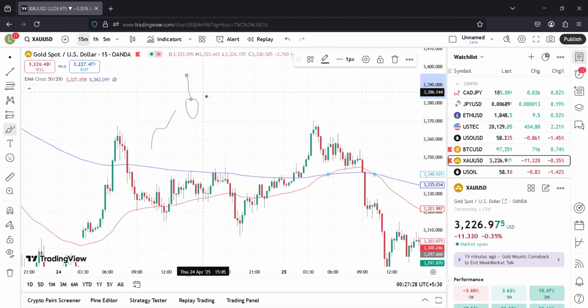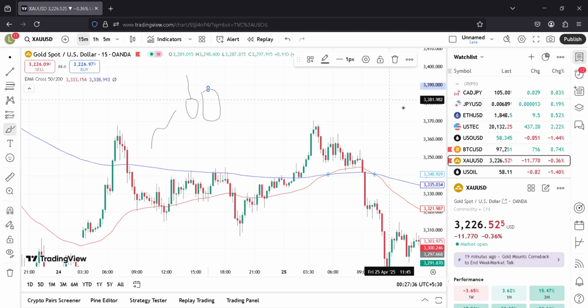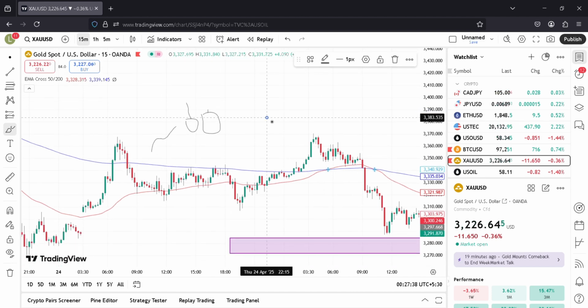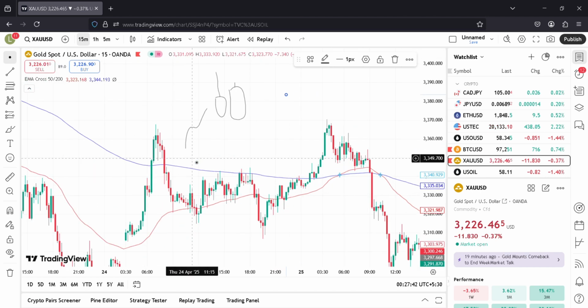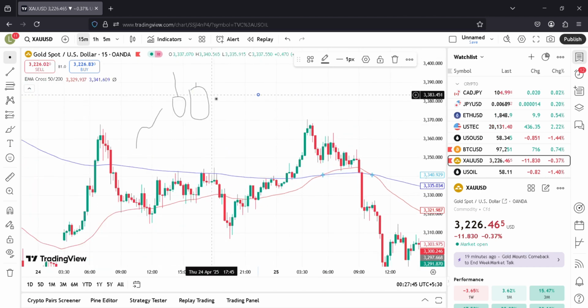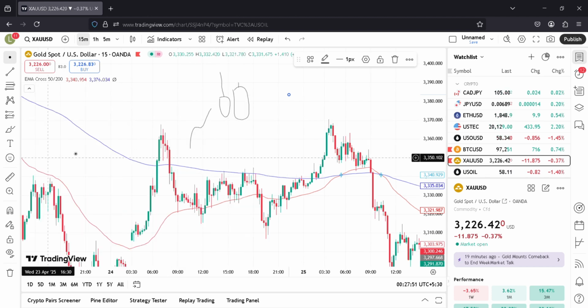Okay, what is an order block? Assume this is a candle with a long wick, then one more candle formed after that. This wick doesn't cover this body. If it covers this, it is a false order block, and you are trapped sometimes. Or if you trade like this, where a wick is formed almost at the third candle, second candle or previous candle, in 10 trades it only works 2 times or 1 time.